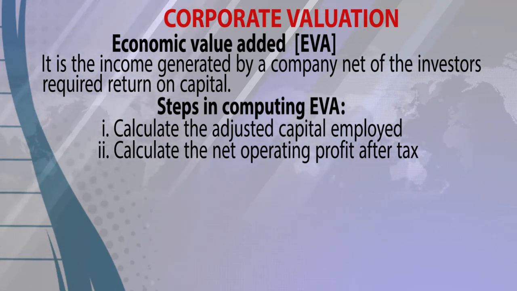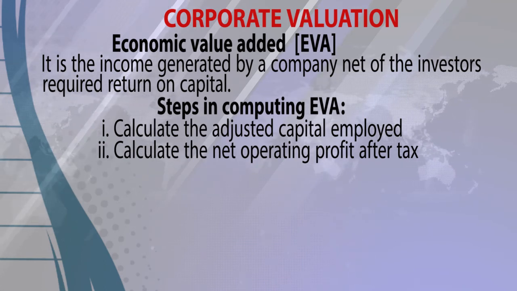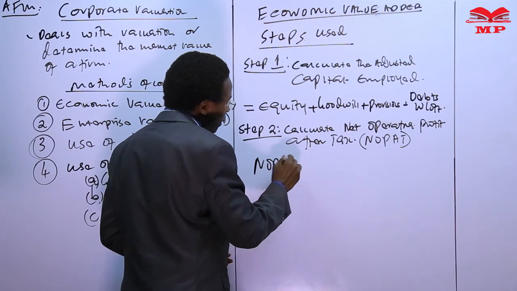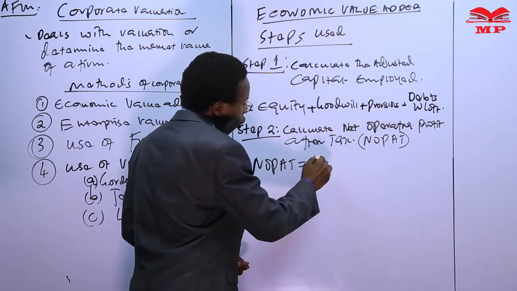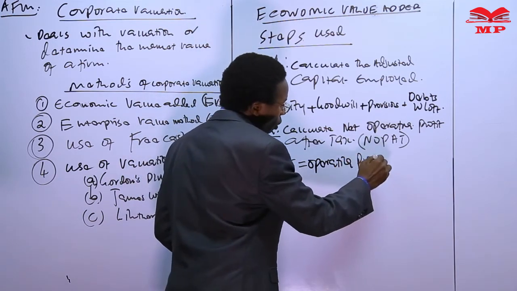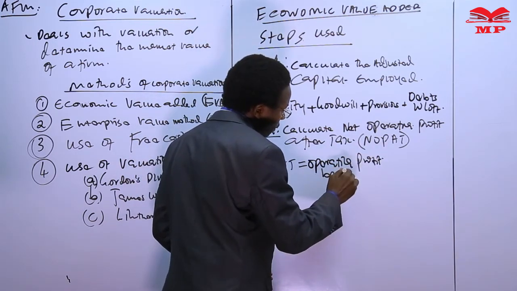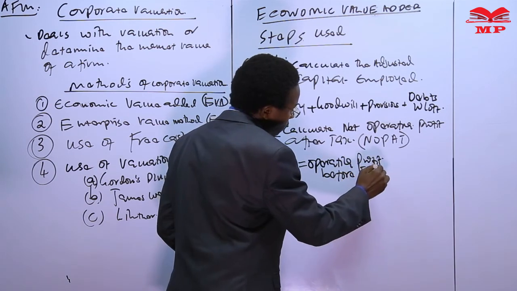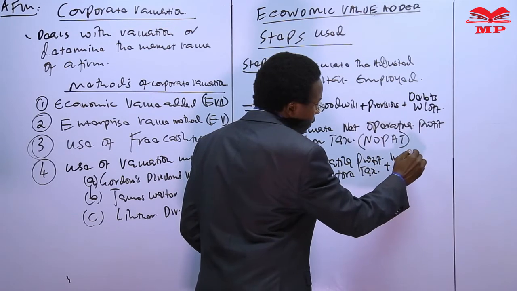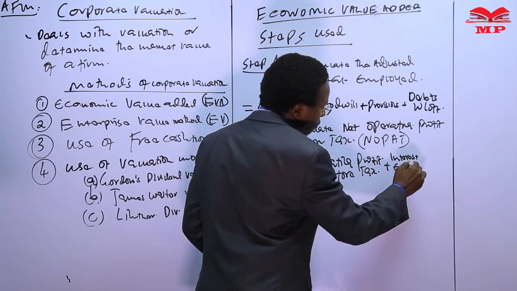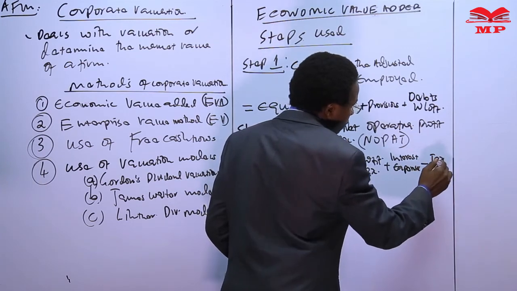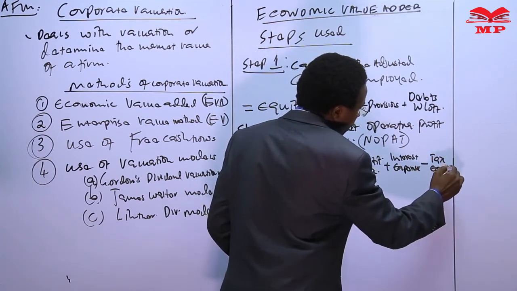NOPAT is equal to operating profit before tax. We add back interest expense, then we subtract the tax expense for the year.